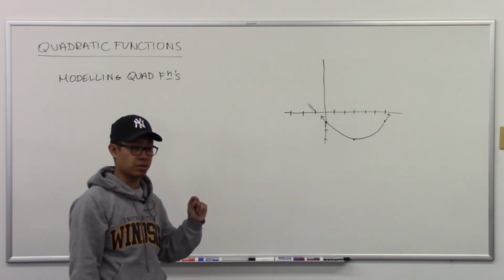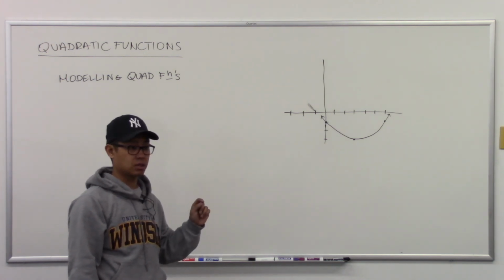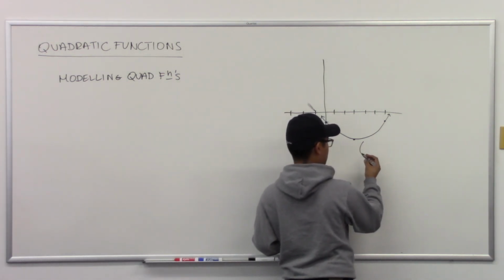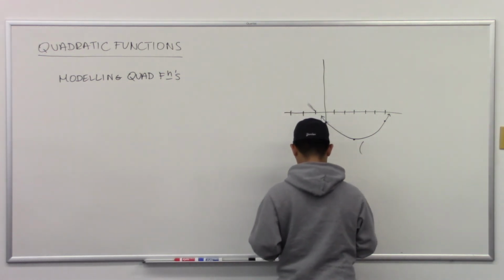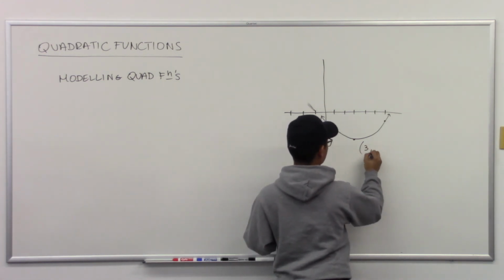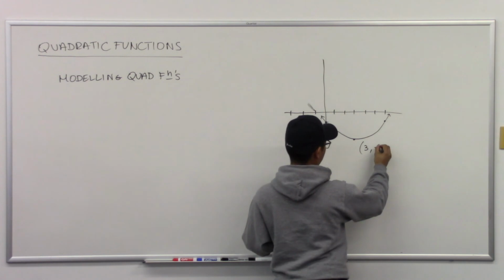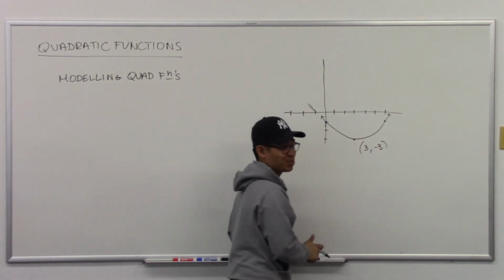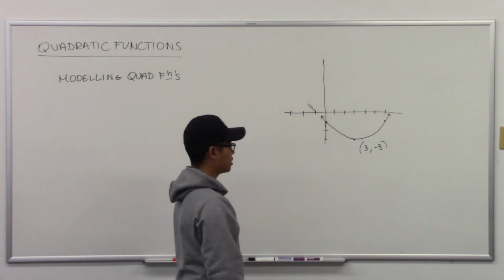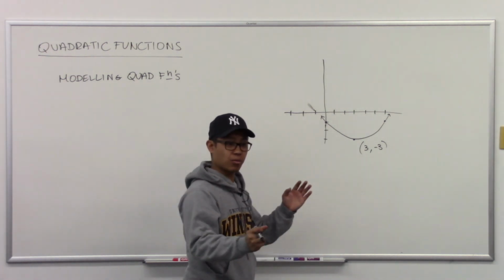Very good. Is this one giving me the vertex or the x-intercepts? Good. So the vertex is what, Jules? Good. You finally got your 3 that you've been wanting for so long. So (3, -3). So that tells me right away what?